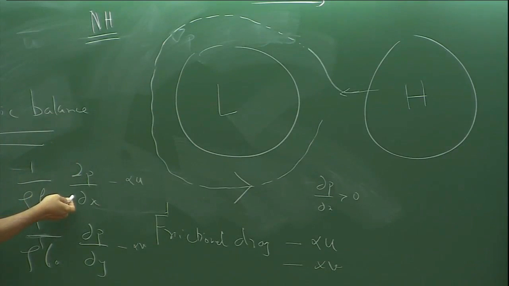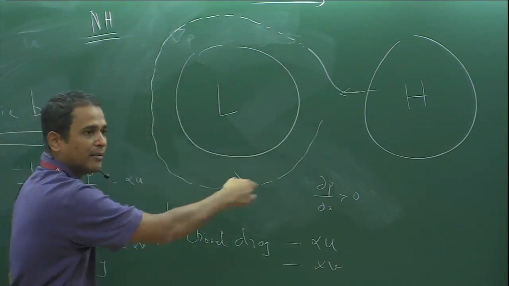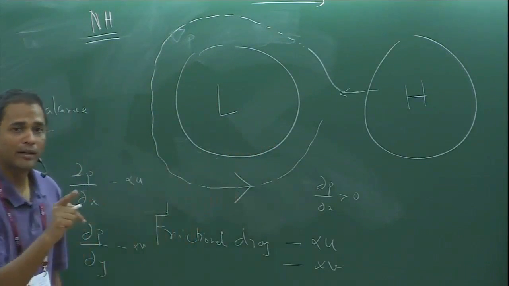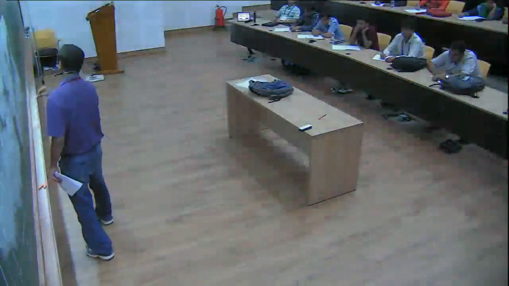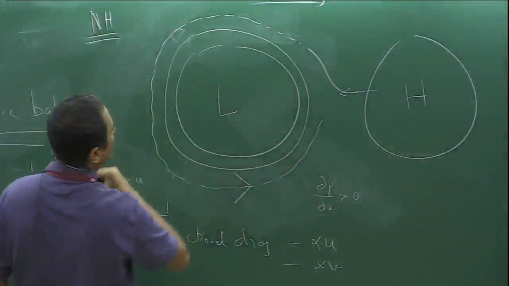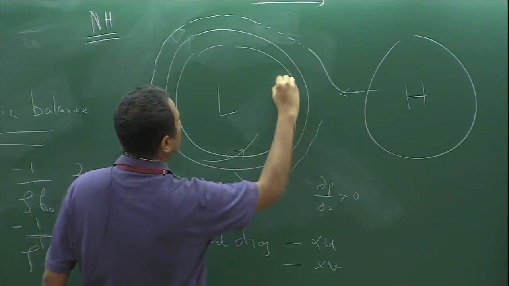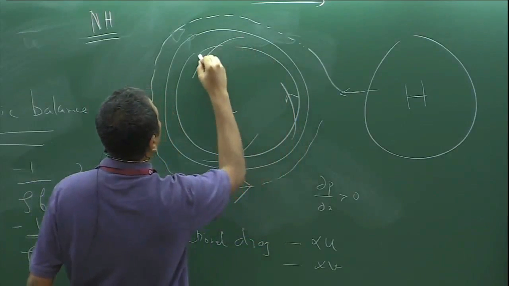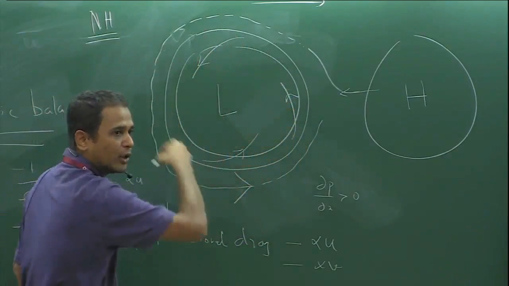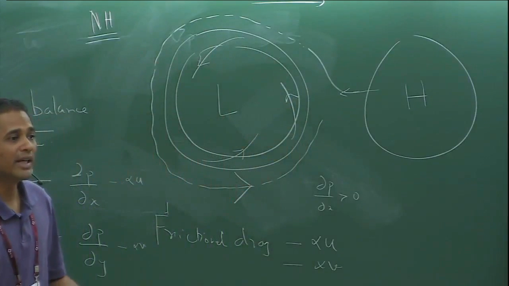And you can convince yourself, if you go through this, try this as an exercise, that when you include these two terms, you will still get the same kind of motion, but with one difference. If you look at the sense of the flow, that is, you take contours of constant pressure, the flow will go in an anti-clockwise manner, but it will try to spiral inwards because of the effect of friction.